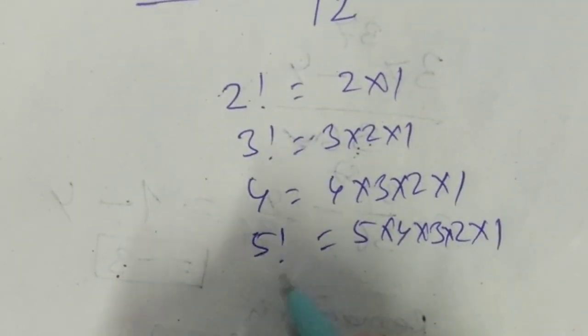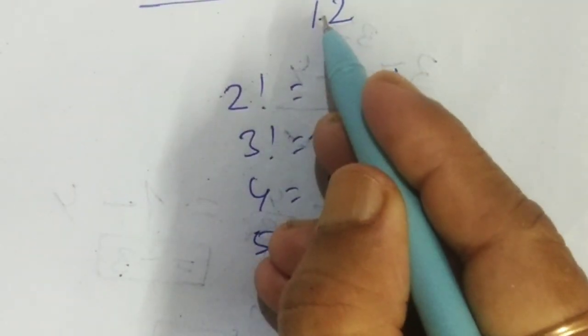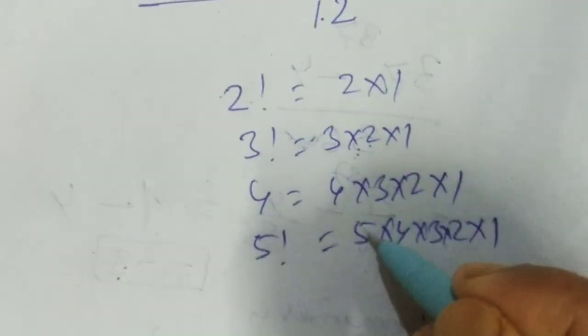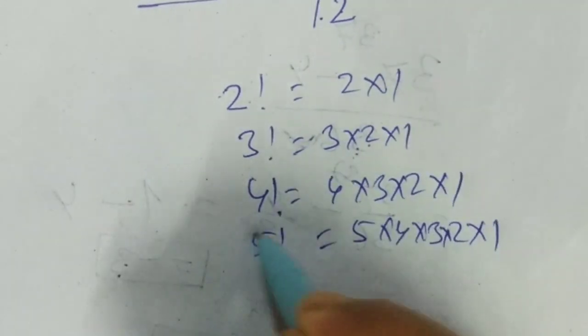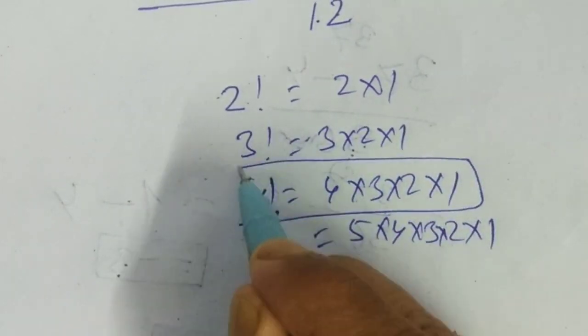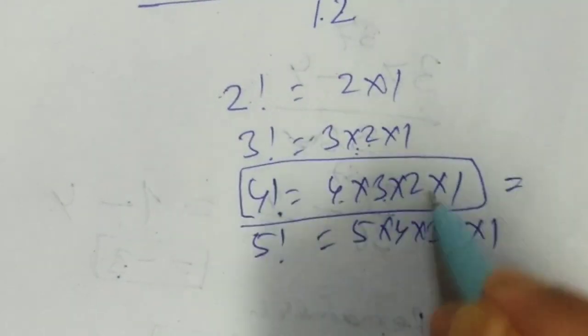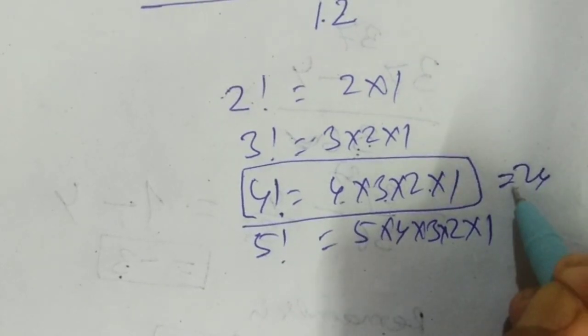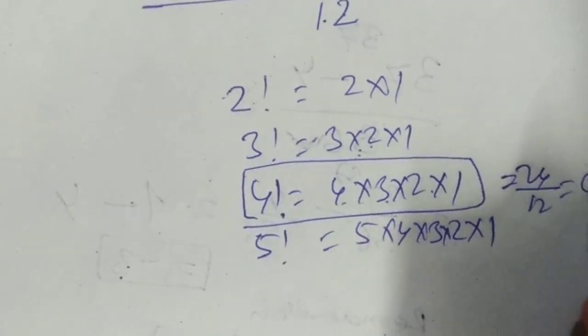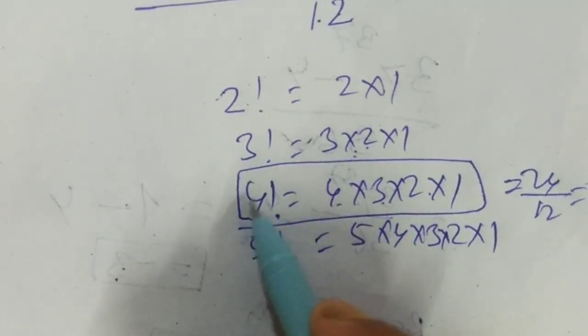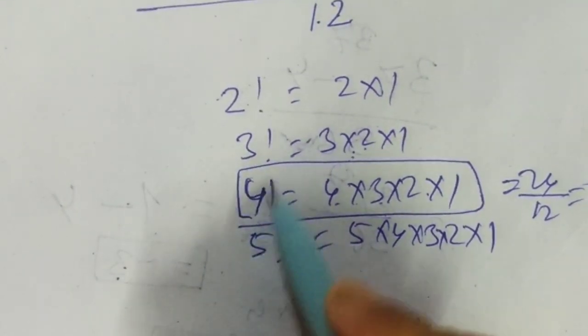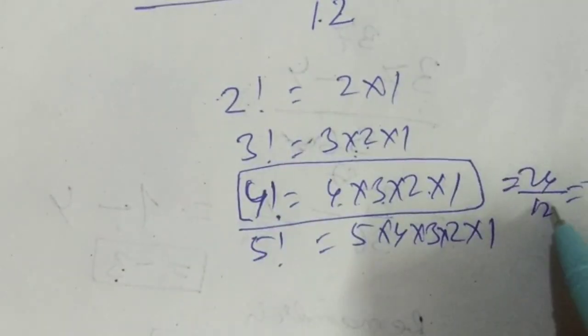Also we can say that 12 is there. So here we can divide this 4 factorial, which is equal to 24, by 12, then the remainder is 0. So 4 factorial divided by 12, the remainder is 0.